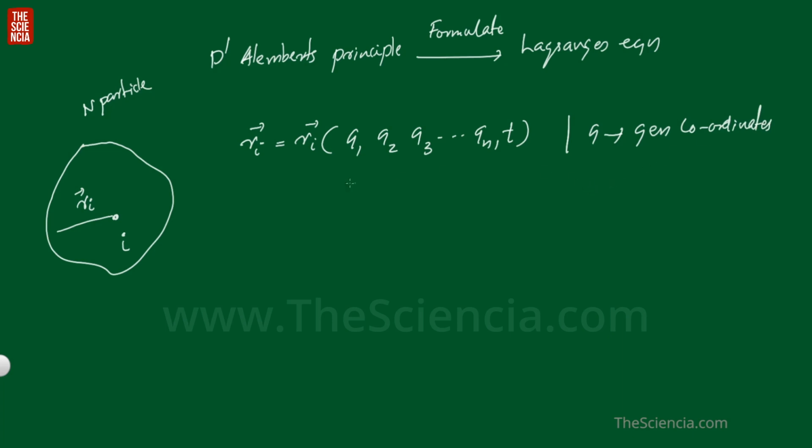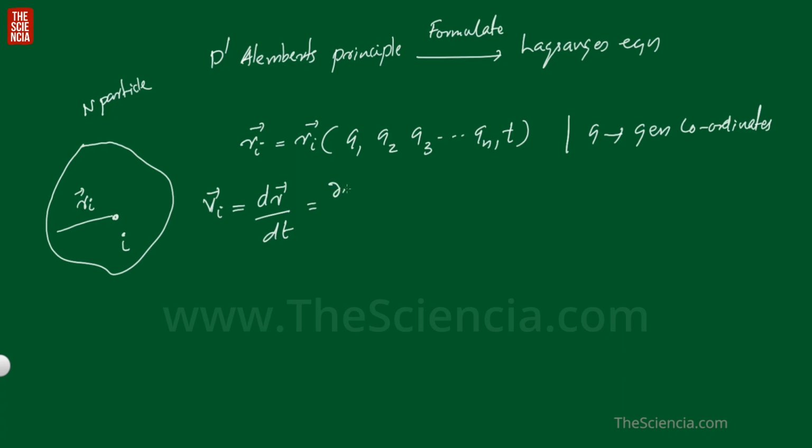Okay, now I am going to find out the velocity, vi vector. What will be the velocity? We know v is equal to dr by dt. But there is a problem, we cannot directly take dr by dt. Why? We know Ri is a function of q1, q2, q3, etc. And we know the generalized coordinates q are a function of time. So we have to take partial derivatives.